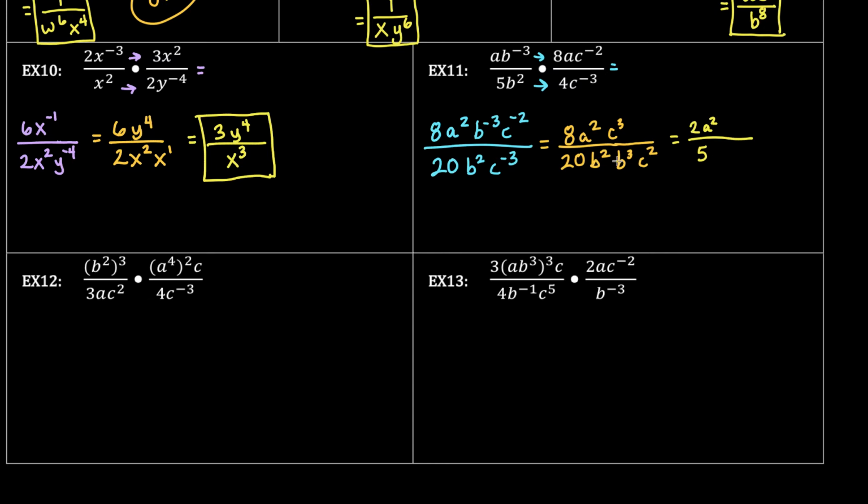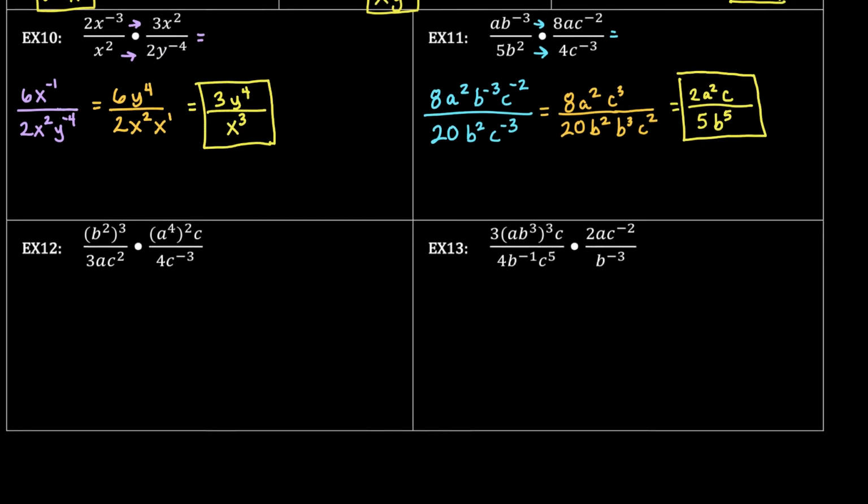B's, there's none on top. There are 5 on the bottom. C, there are 3 on top, 2 on bottom. So there's 1 left over on top. Okay. Really doing some stuff. Trying to, at least.